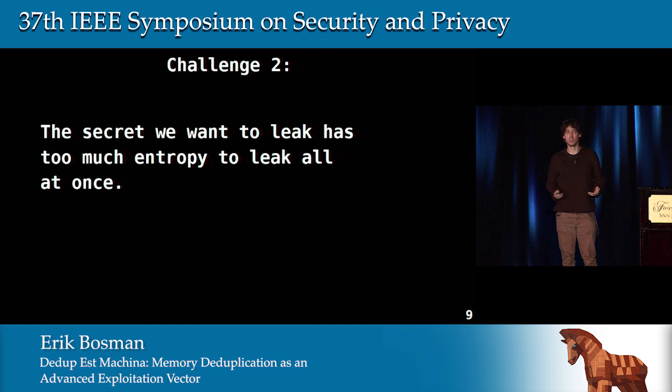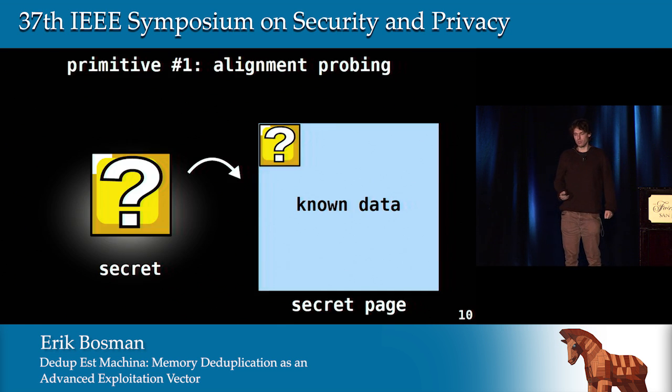Another problem that we can have is that the secret has just too much entropy, and if we want to scan for every possible value of this secret, we exhaust our memory. So to solve this, in the paper we have three primitives which will help us with finding out the secret nonetheless.